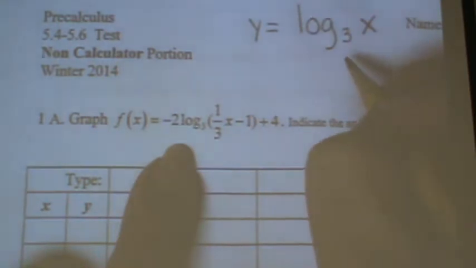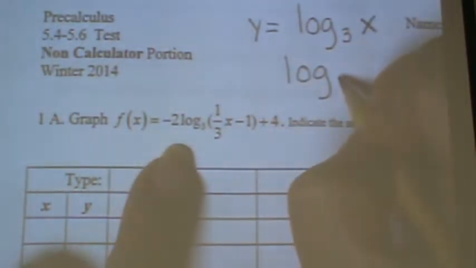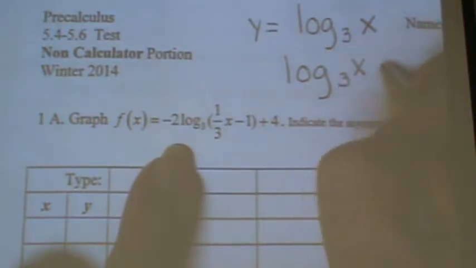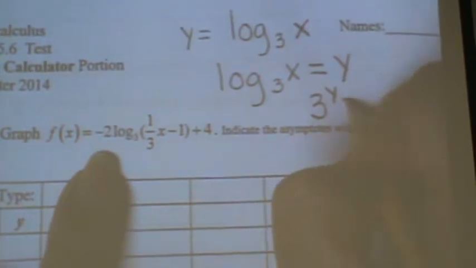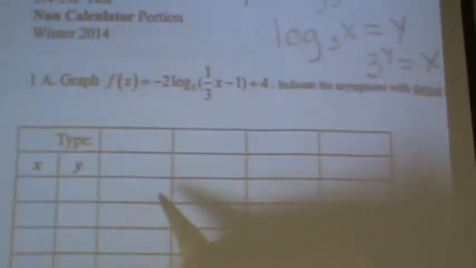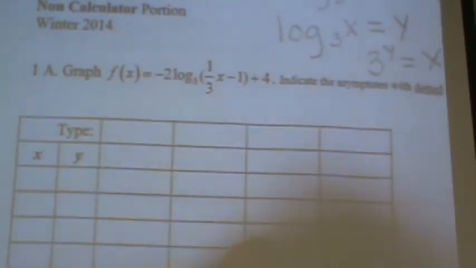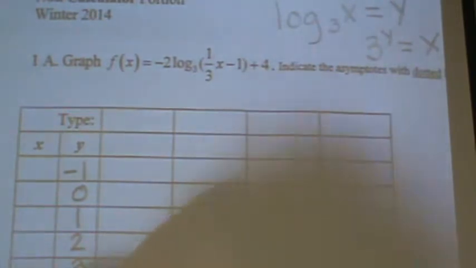So to rewrite this as the log, this is 3 to the y power equals x. So what you would do is plug values in for y, such as -1, 0, 1, 2, 3.